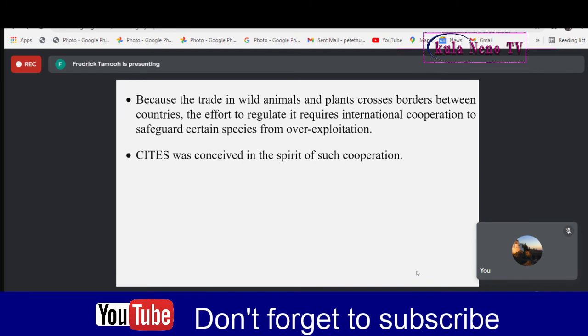CITES was conceived in the spirit of such cooperation, so that we regulate the trade in these species.